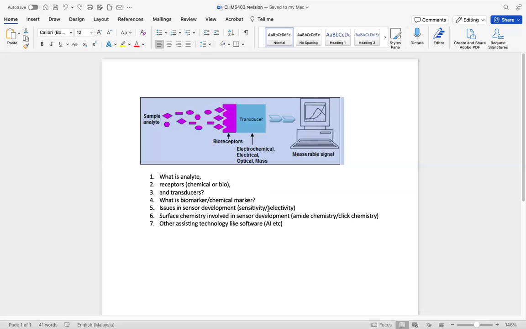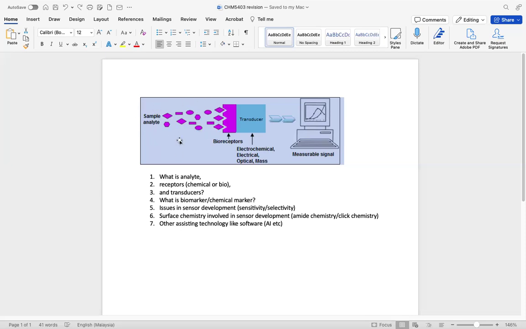it is very important to check the selectivity first, because if you don't have very selective receptors, then the sensor itself will suffer from interference from other foreign substances that also exist in the samples.